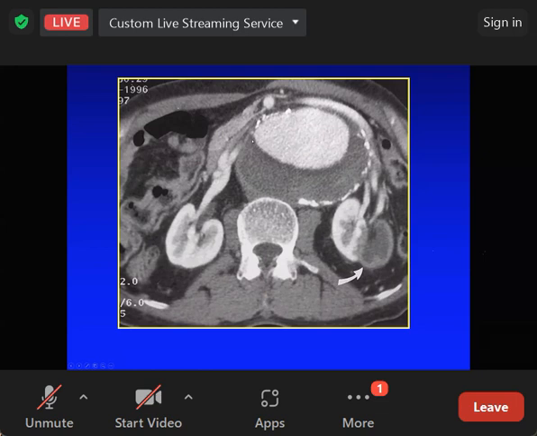Now, sometimes you'll see that this mural thrombus will dissect, and some of the contrast will go through layers of the mural thrombus. If you get this in the report, please don't think this is equivalent to aortic dissection. It's nothing of the sort, and it should not be mentioned because it only causes confusion.